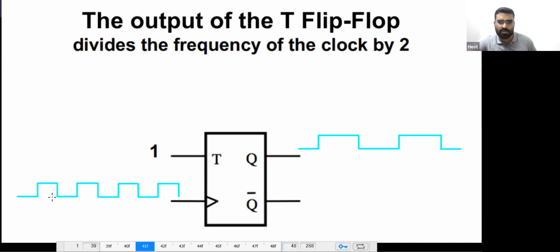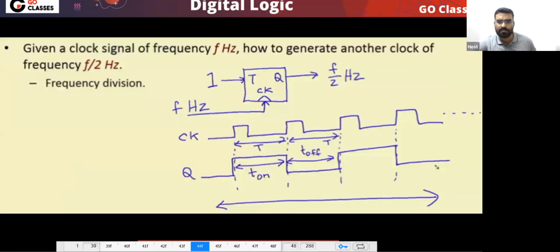Then the frequency will become half. So when we pass this clock signal through a T flip-flop, we will get a signal of half frequency.